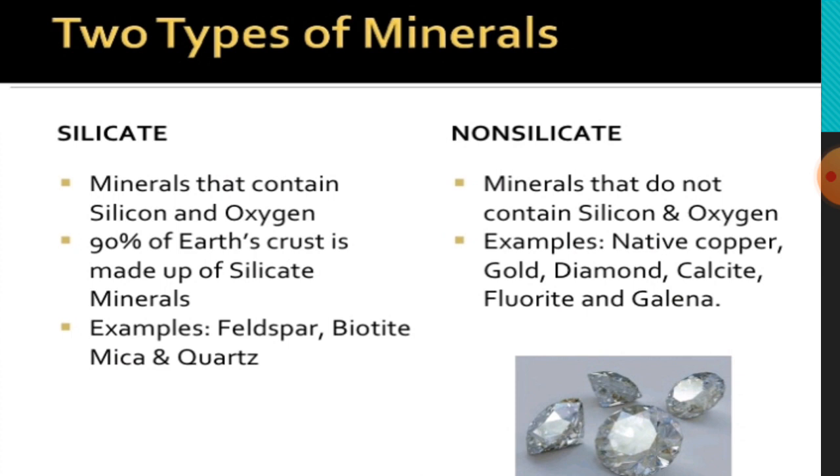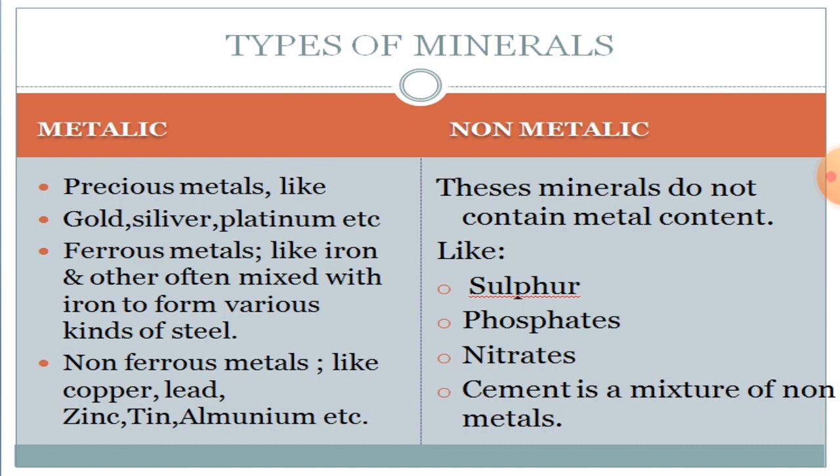The minerals are further divided into two groups as per their metallic property: the metallic mineral group and the non-metallic mineral group. In the metallic group, there are three types of minerals. One is the precious metals.